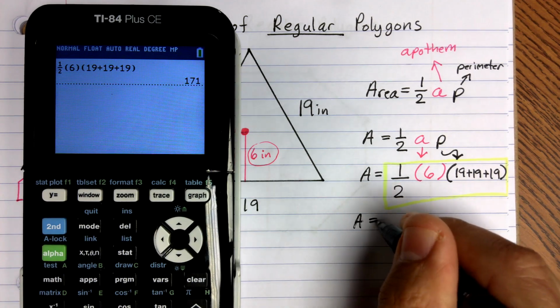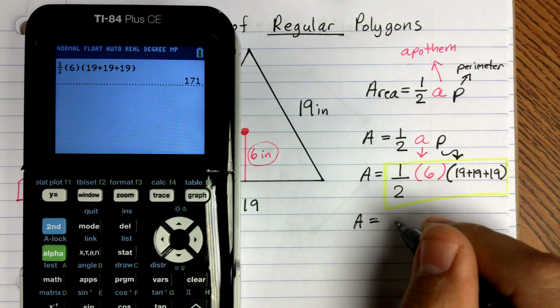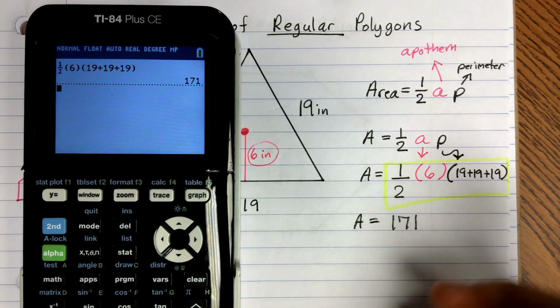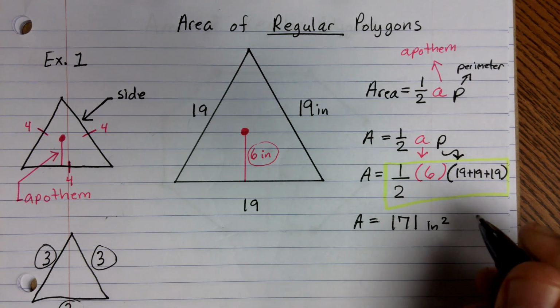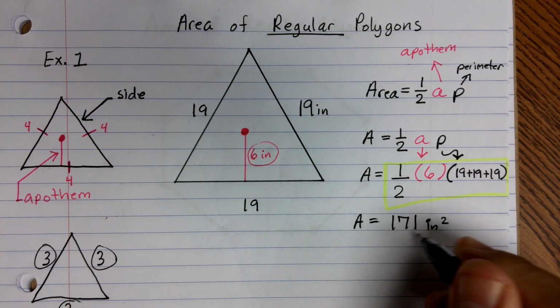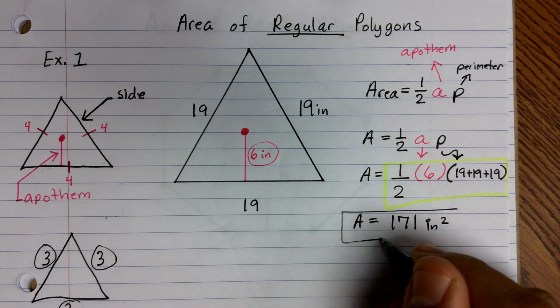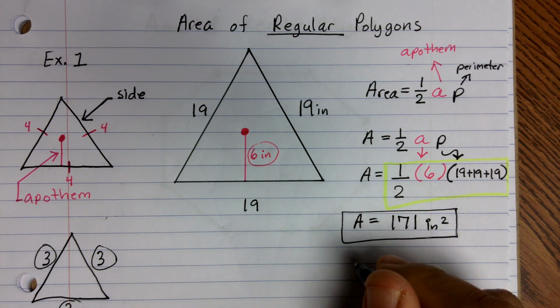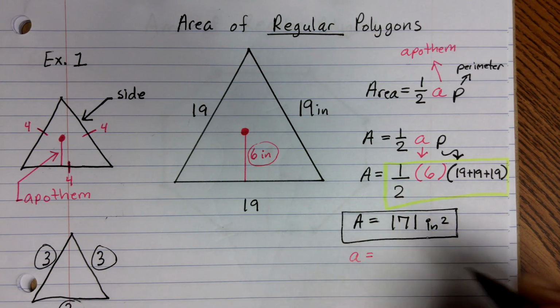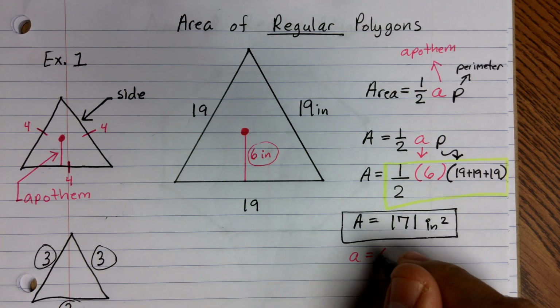So the area of this figure is 171 inches squared, because remember, when we're dealing with area, we're talking about inches squared. Also, if they wanted to know the apothem, I'll just say the apothem is 6.